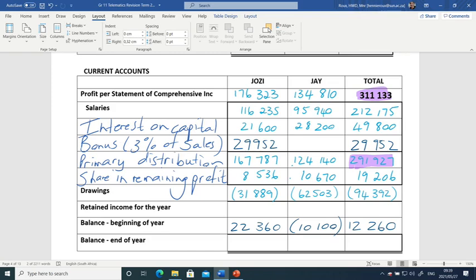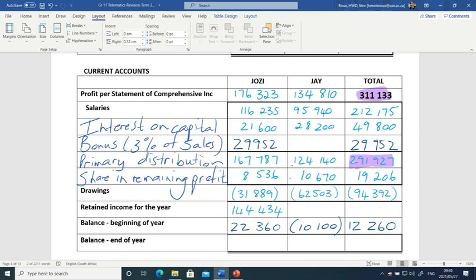Retained income for the year, that was what Josie was entitled to take. That was his part of the net profit. But he only took 31,889 through drawings. So what is left for Josie in the business? 144,434 retained income.